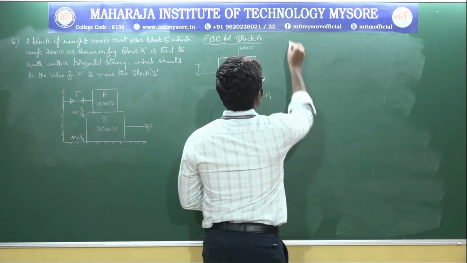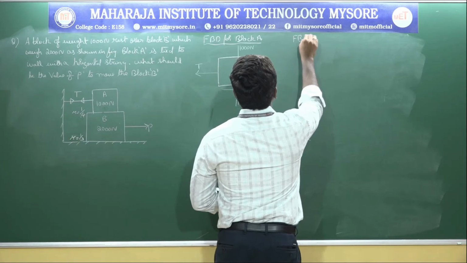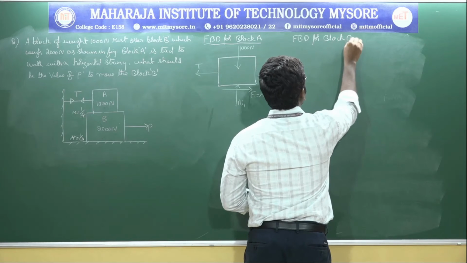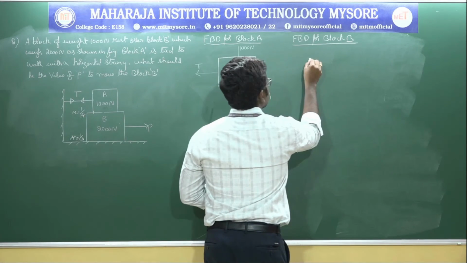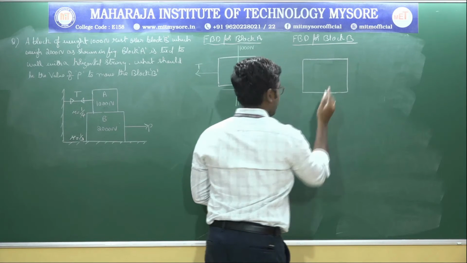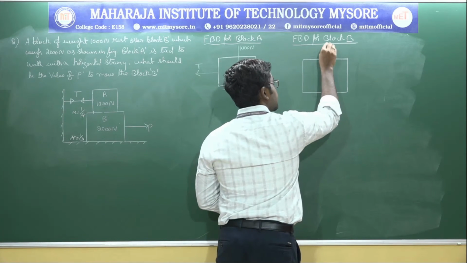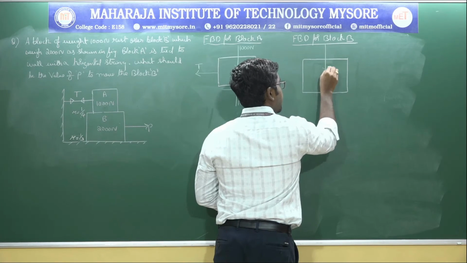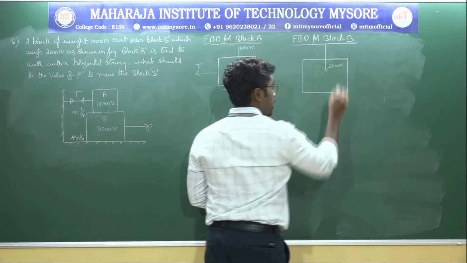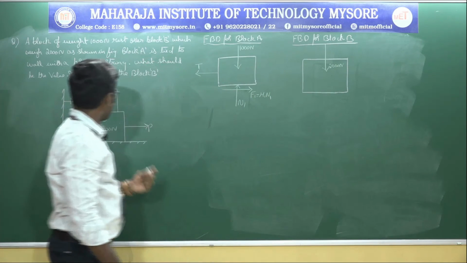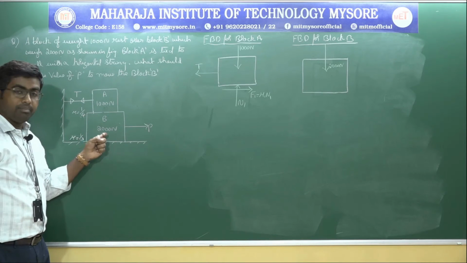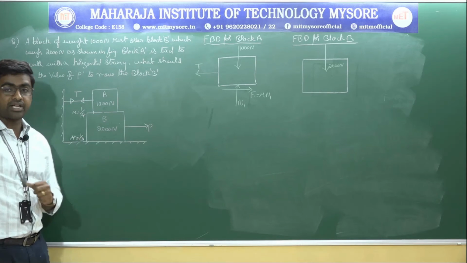Similarly, let me draw the free body diagram for block B. So this will be block B. This is the self weight, and the self weight will be equal to 2000 Newton. So on this block B, there will be two normal reactions.